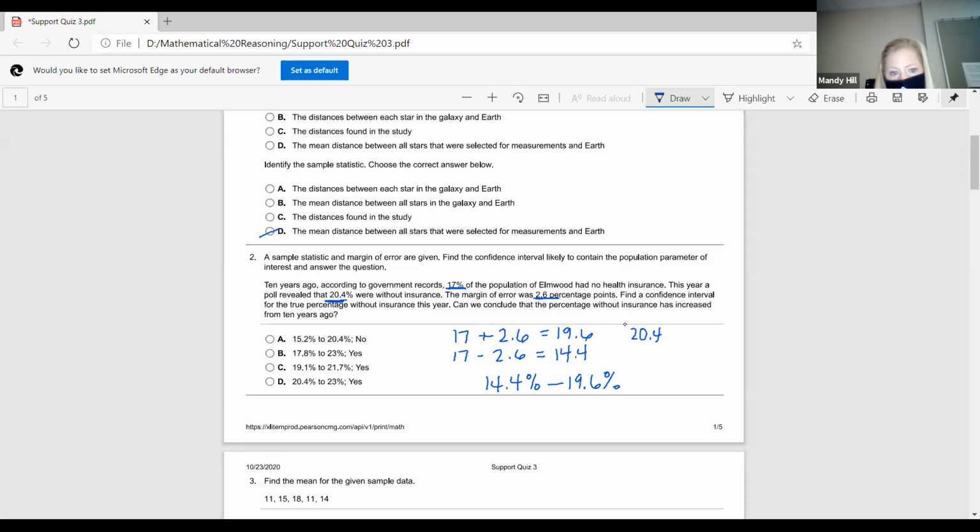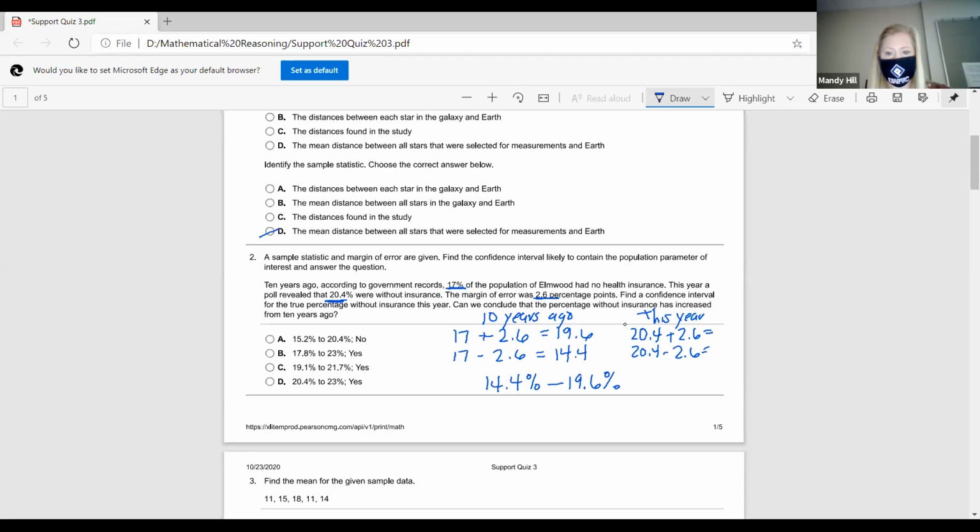So 20.4%, this is talking about this year. We need to add 2.6 to this, and then we need to subtract 2.6.